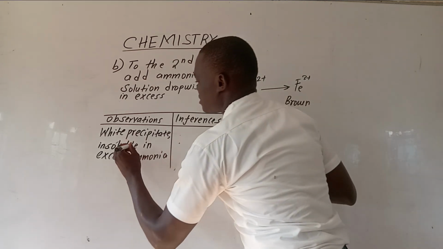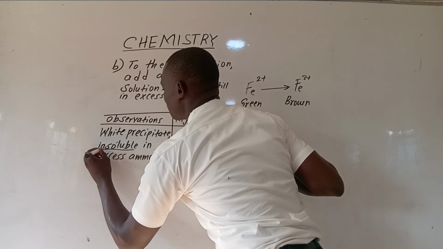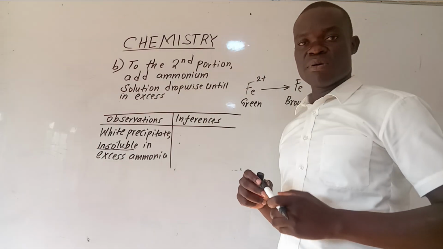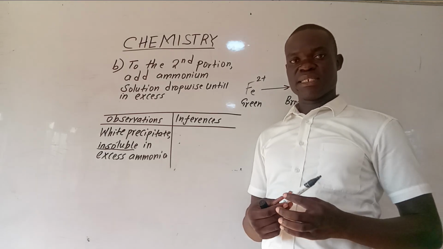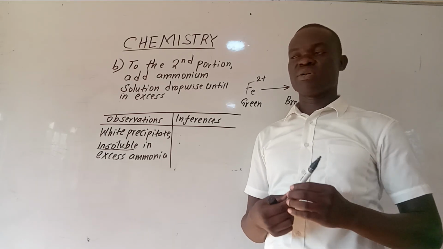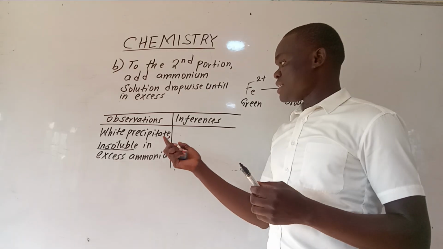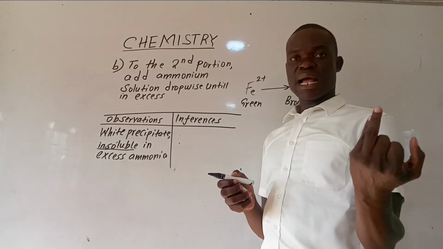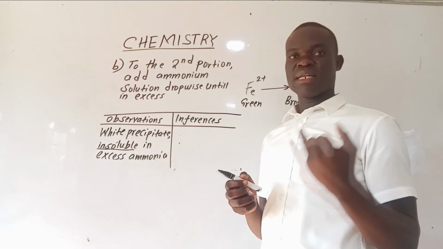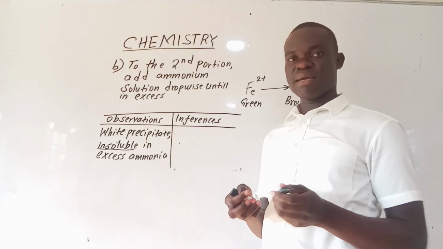Look at this. The white precipitate is now insoluble. The white precipitate does not dissolve in excess ammonium solution. So when this happens, we mention the two ions that will never dissolve in excess ammonium solution.